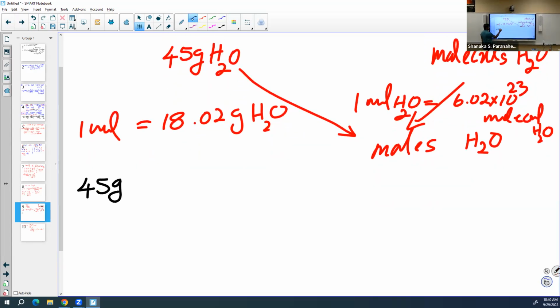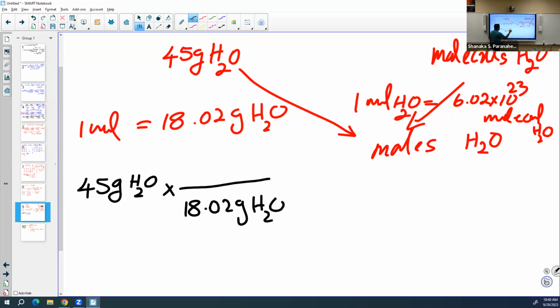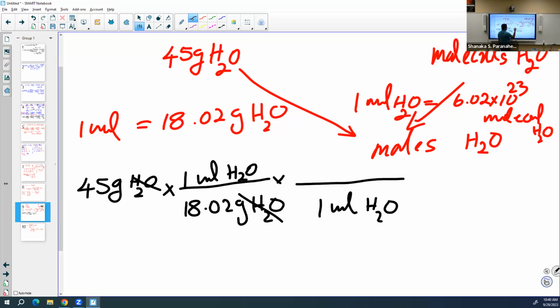45 grams divided by the molar mass, and that gives moles of water. And the last step is moles of water into molecules of water: moles of water times the Avogadro number.